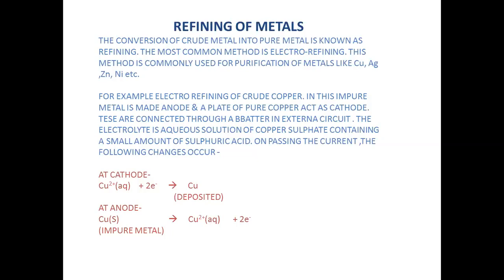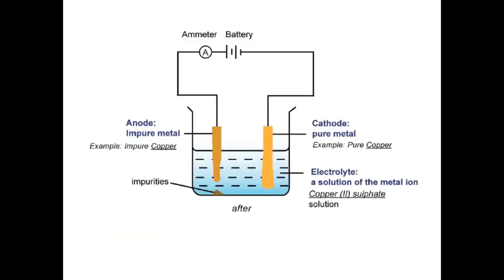And this technique is very important, students. See the diagram here. I have taken anode and cathode and connected them to a battery, positive pole and negative pole, right? Impure copper is at anode and pure copper is at cathode, right? Now what happened? At anode, copper loses its electrons, and here I have taken the electrolyte, that is copper sulfate solution. So copper sulfate solution first of all converts into copper ions plus SO4 2 negative ions.